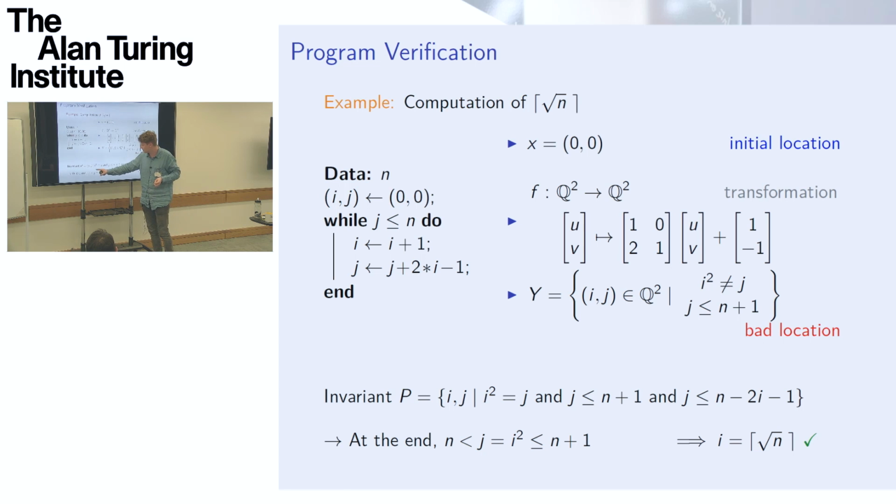I know that j is i squared, because that's the first condition in my invariant. And I know that it's smaller than n plus 1, because it's the second condition of my invariant. So this exactly tells me that i is the square root of n. That's just to motivate the use of invariance in general.